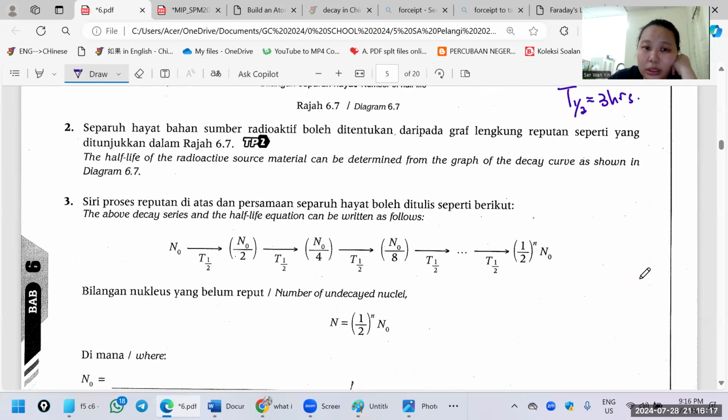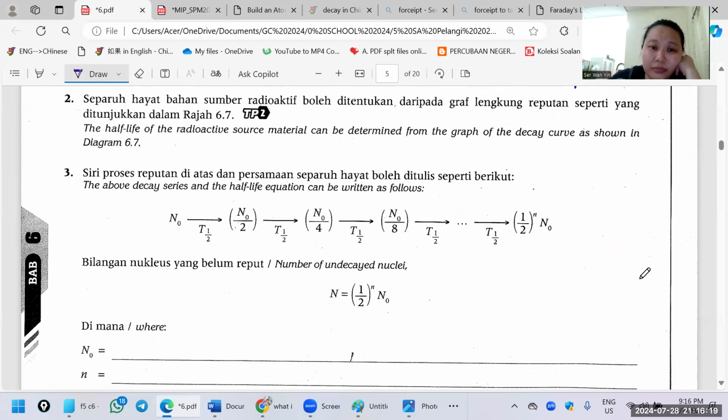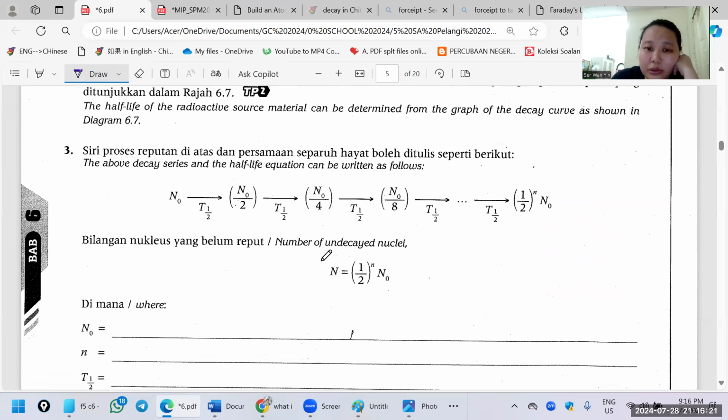Then now how to calculate? We can use this formula or we can use this formula or we use a decay series. Actually, I prefer you all do decay series, but up to you.